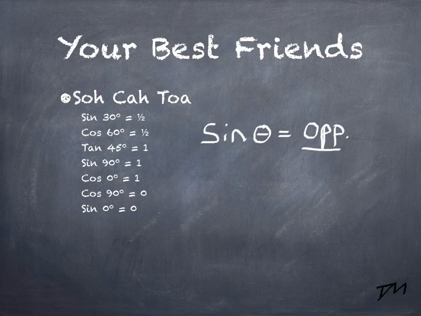Another of your commonly used formulas will be SOH CAH TOA. In SOH CAH TOA, the SOH is sine equals opposite over hypotenuse. Meaning we measure the length of the side opposite an angle, we measure the length of the long side of the right triangle, the hypotenuse, and the ratio of those lengths is what the sine of the angle is equal to.